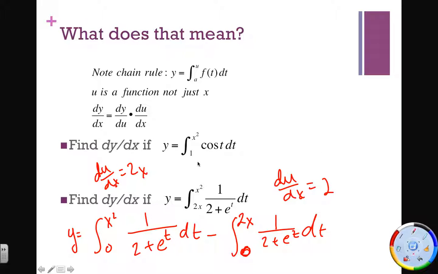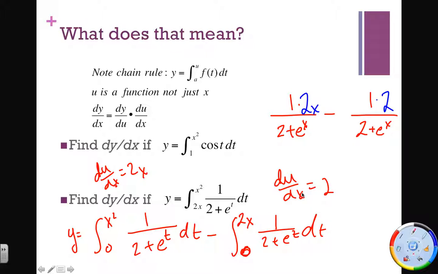And here we go. The derivative of the first integral is going to be the integral times the derivative of u, which was 2x, minus the integral again times the derivative of the other one, of the 2x.